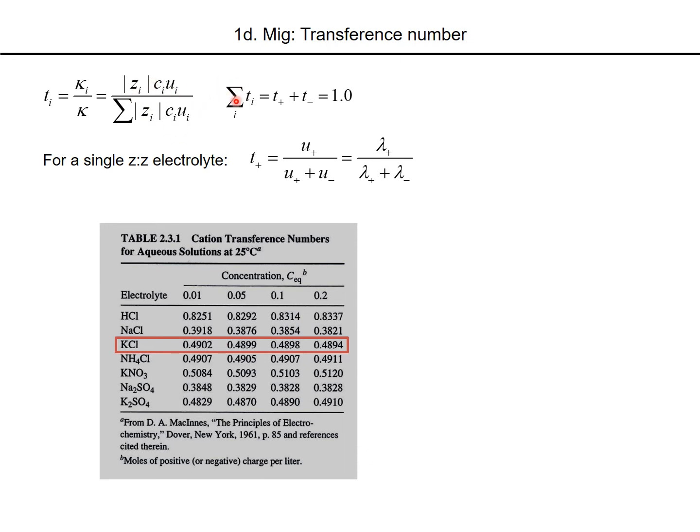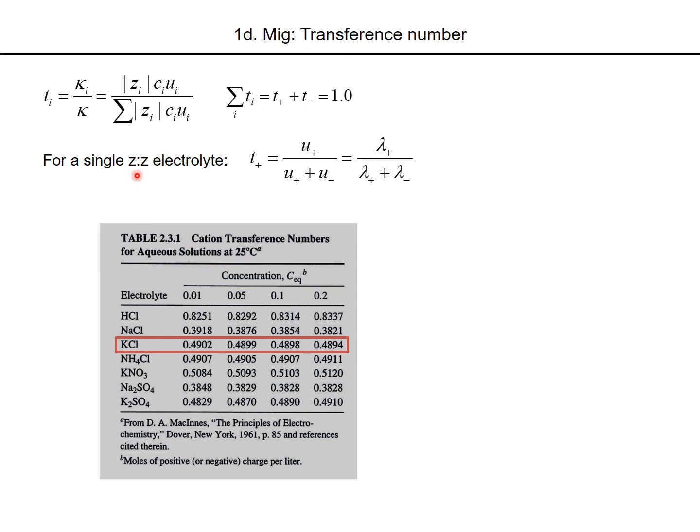The summation of the transference number for all species is going to 1.0. It means 100%. Also, the summation is t plus plus t minus, which means the total transference number of cations plus the total transference number of anions is going to 1.0.